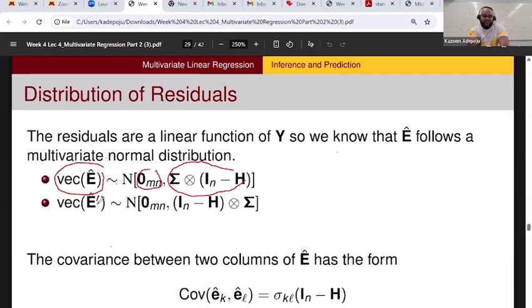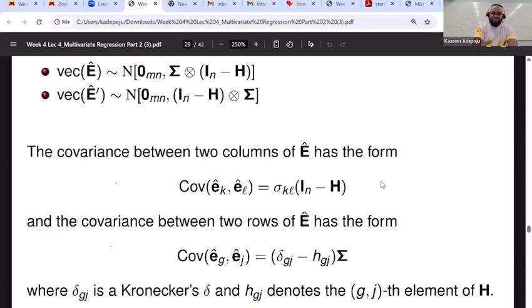And of course, that of its transpose is going to be this. So the only difference between this and this is that this is the transpose of that. That's all.